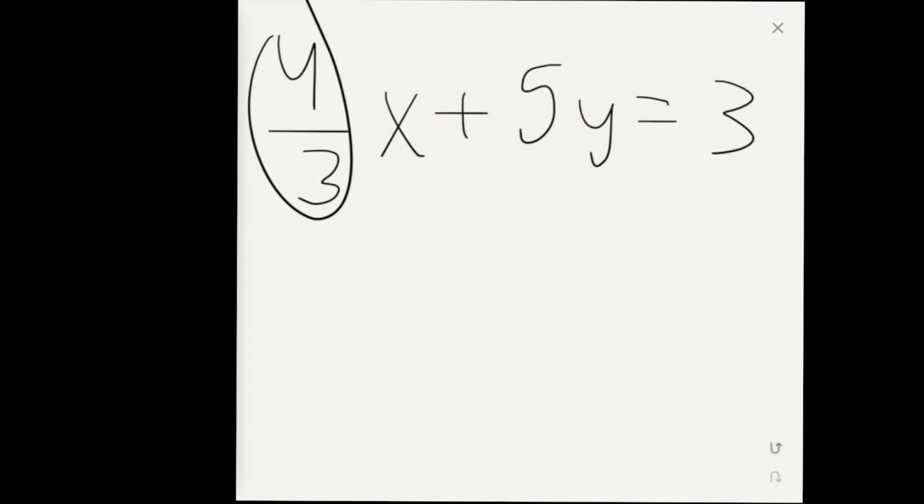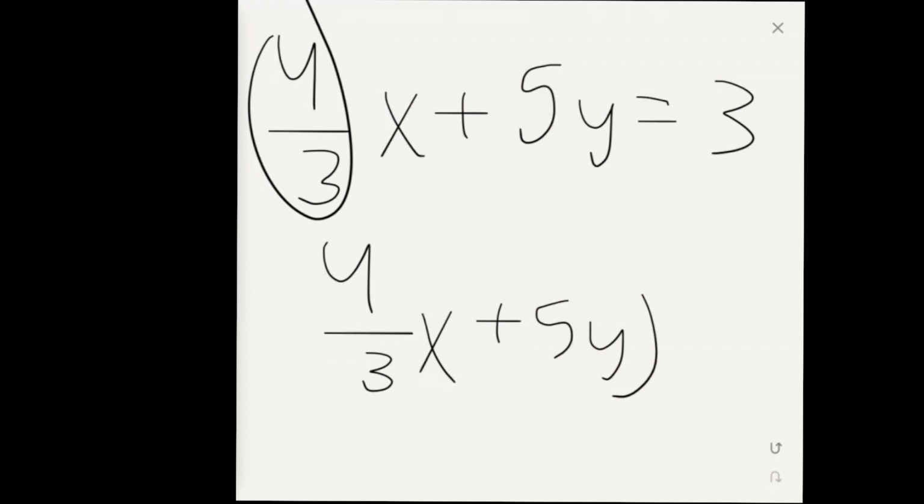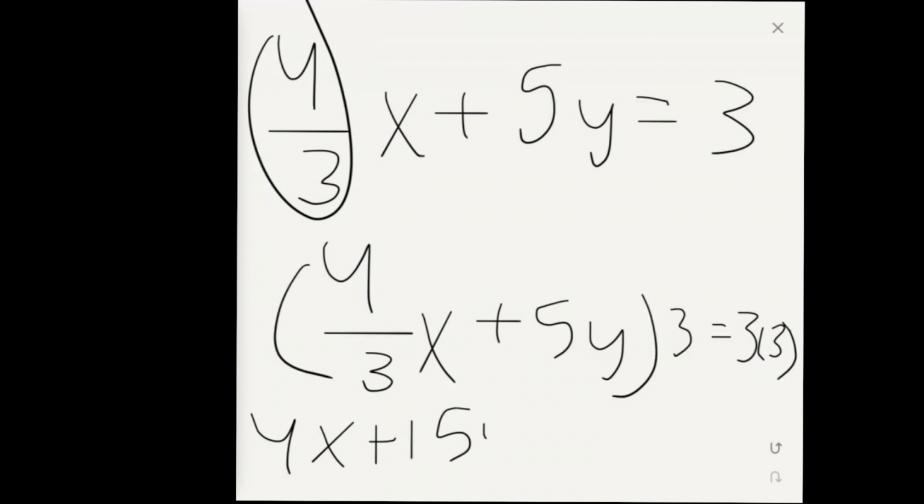To get rid of the fraction, you just multiply the entire equation by 3 because 3 is the denominator of the fraction. So you have to multiply both sides by 3. So you do 4/3 x plus 5y times 3 equals 3 times 3. And you get 4x plus 15y is equal to 9. So that's how you get rid of the fraction.